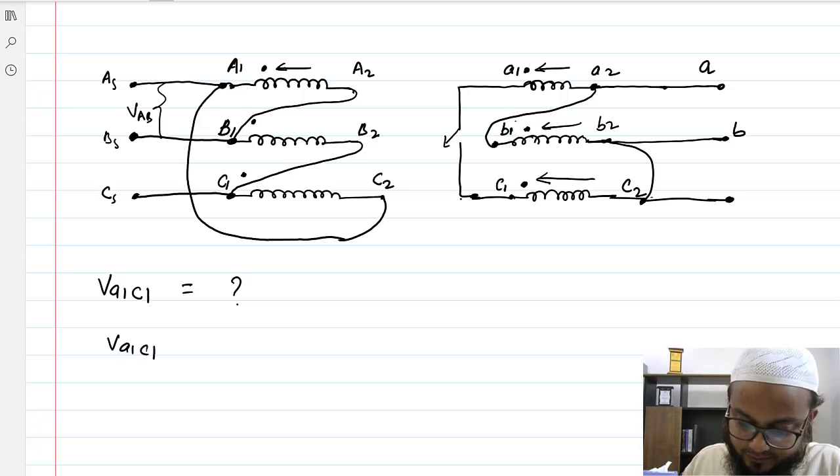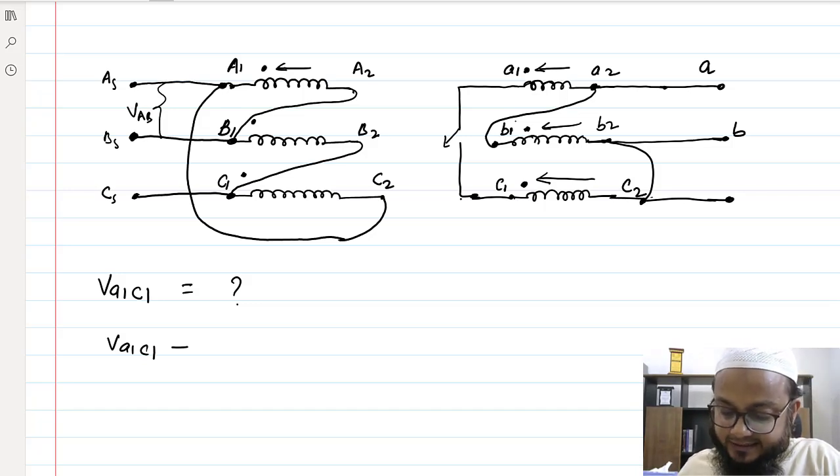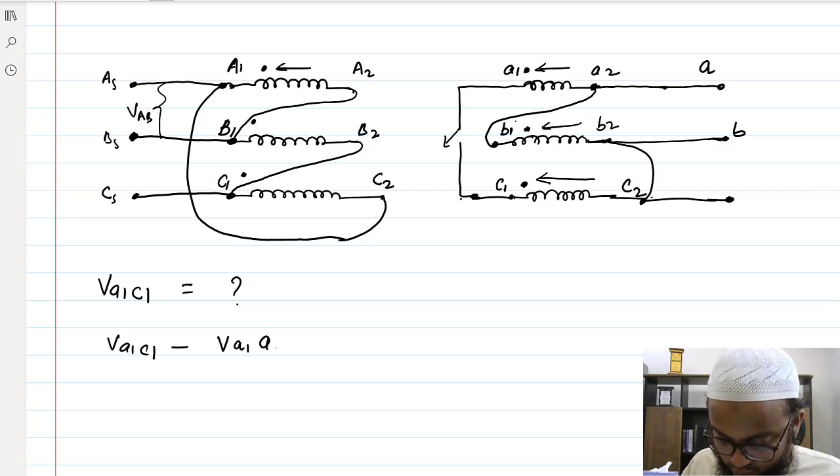VA1, C1 minus, because there is a potential drop here. An increase in the potential I will take positive, and a decrease in the potential negative. VA1 and A2 is a potential drop, so I will write VA1, A2.